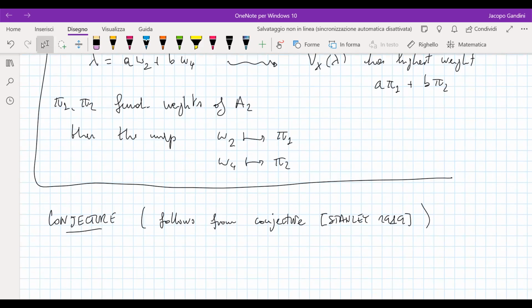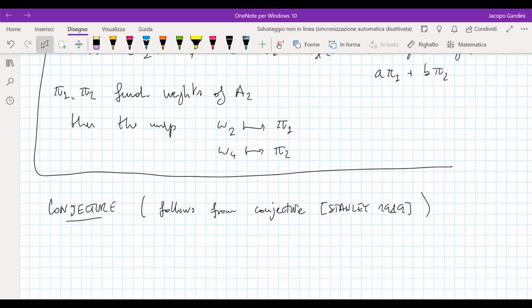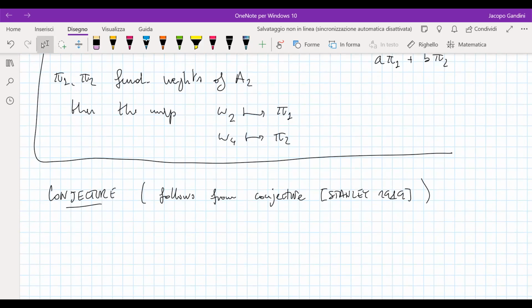I don't think I will go into Jack polynomials because it will take me a bit away from the path. This is quite a rough incarnation of this conjecture; Stanley's conjecture is way more general, way stronger. The formulation that I'm going to give was also considered in an equivalent form in a paper of Graham and Hunziker in 2009. But the beginning is this conjecture of Stanley.